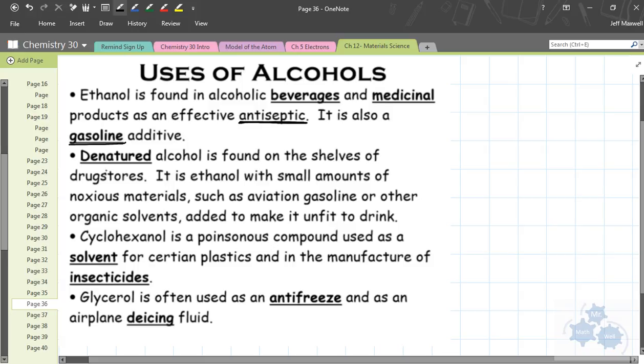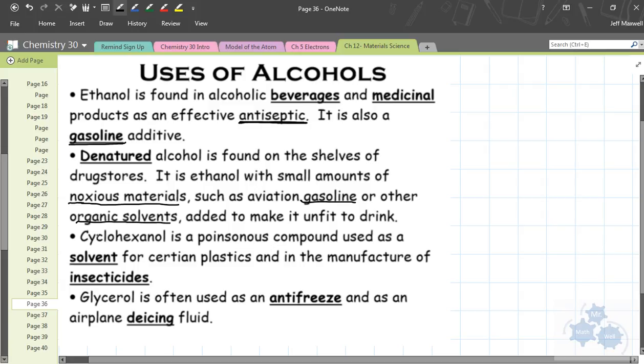It's mixed with some noxious materials so that people don't end up drinking it or consuming it. Some of these materials are aviation gasoline, so basically gasoline is mixed in there a little bit, and some other organic solvents or organic cleaners. Noxious basically means to make your stomach sick, so it's not meant to be consumed.